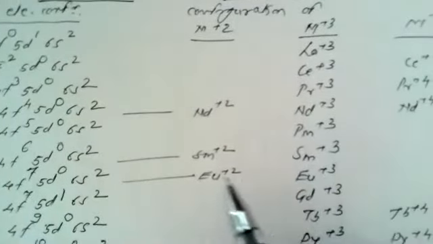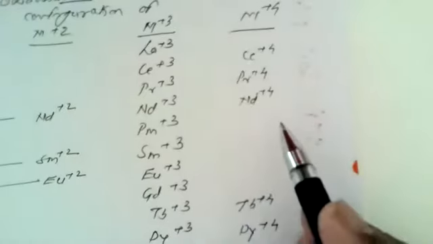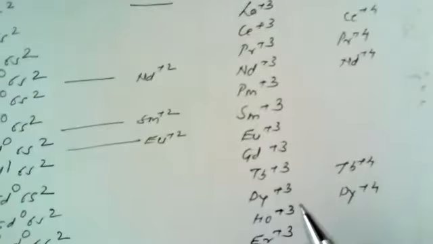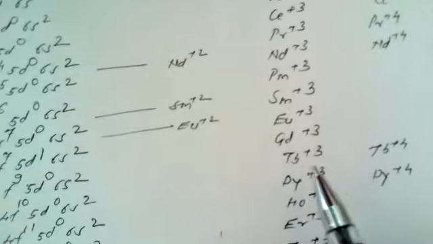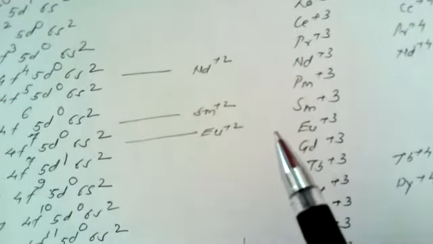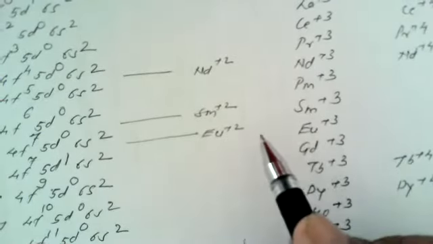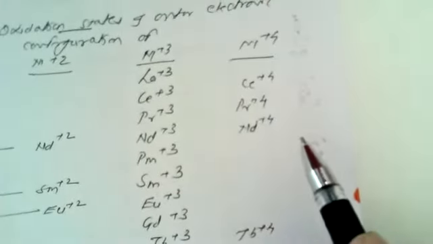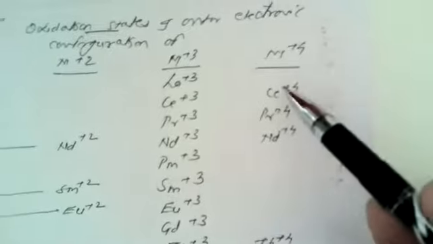So not all the elements display either +2 or +4 oxidation states. There are few members that only display these different oxidation states. So the minimum oxidation state shown by the lanthanides is +2, and the maximum oxidation state shown by the members is +4.